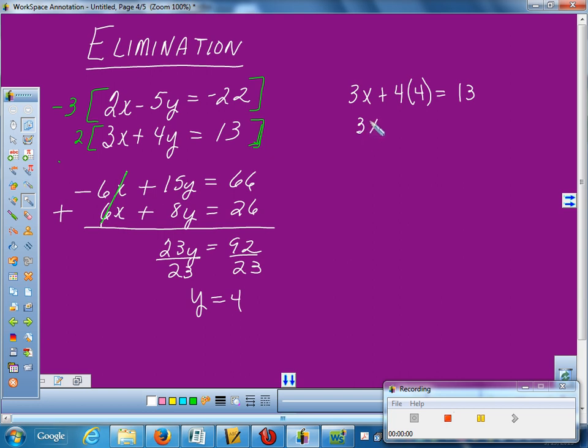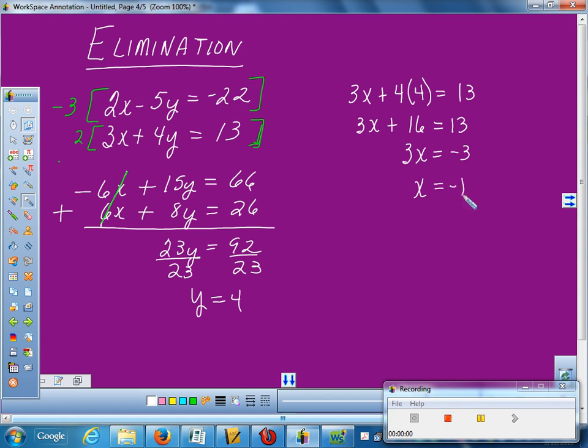That would give me 3x plus 16. Is it looking good? Are we going to get a nice answer? If I subtract 16, that'll be negative 3. And when I divide by 3, I will get negative 1.